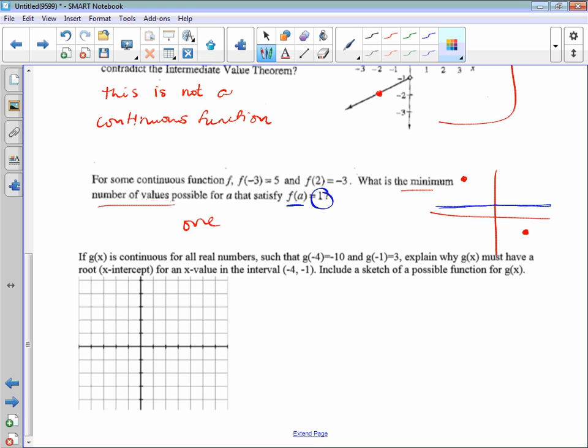To get from this point to this point, I don't know how many times it's going to cross that blue line, but it's got to cross it at least once, right? So the minimum number is 1. There could be 10 different a values that give you 1, but there's for sure 1. That's all we know. Okay?